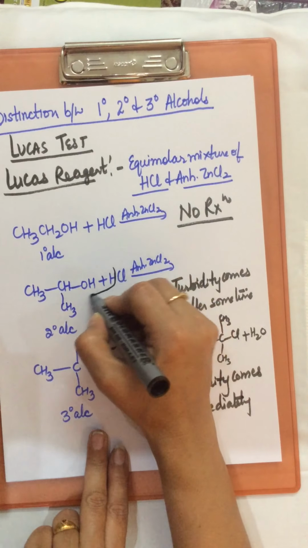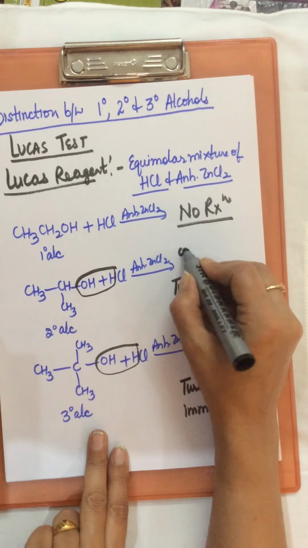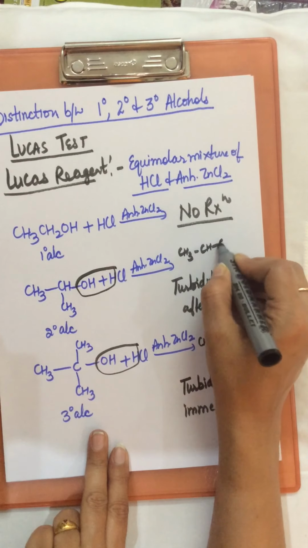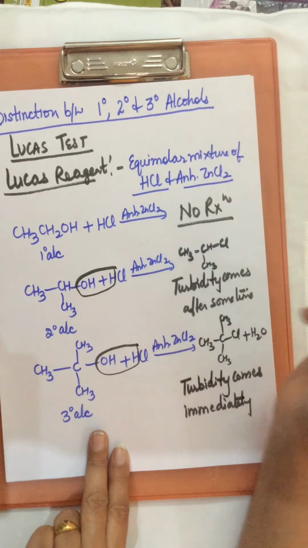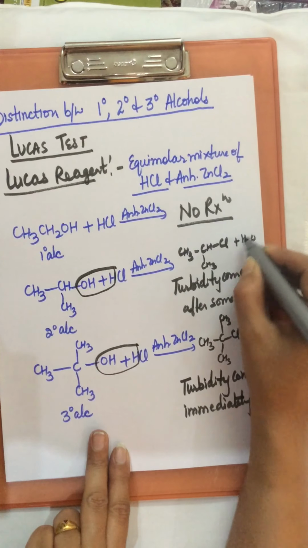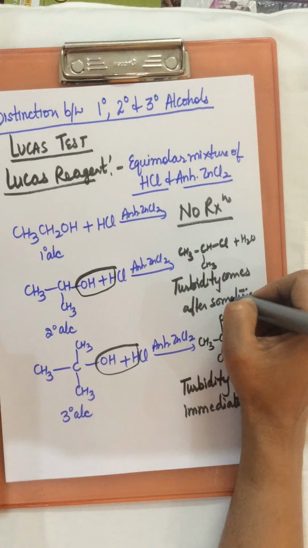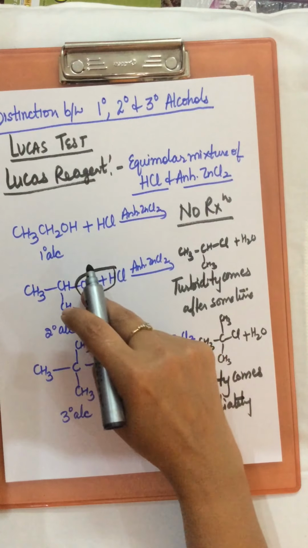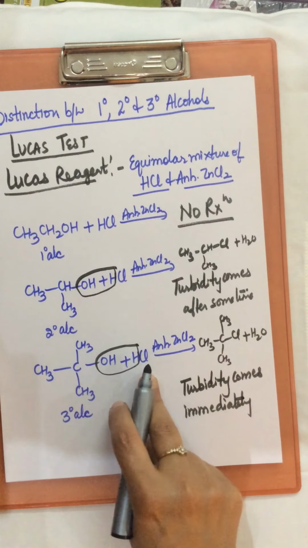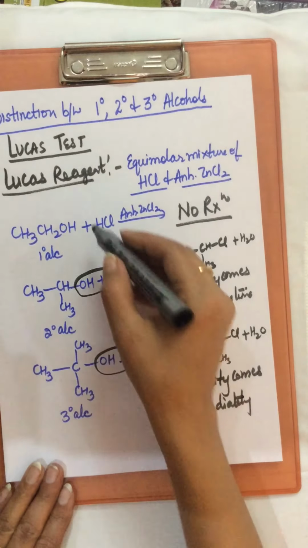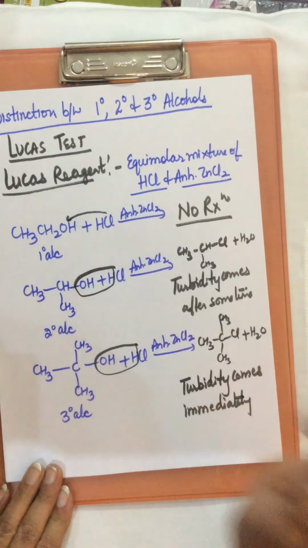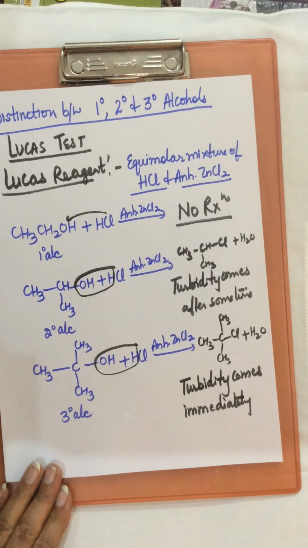In this case also, Cl will come in place of OH. This compound will form, and this compound is of milky color. That is why milkiness comes. But the reactivity of this is slow, and the reactivity of this is fast. While in this case, Cl is not able to displace OH, so no reaction will take place here.